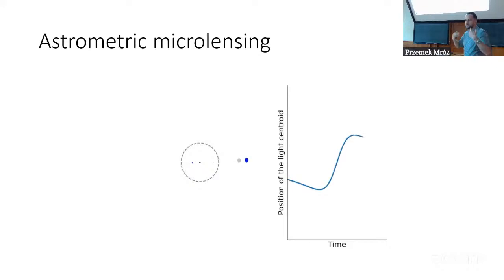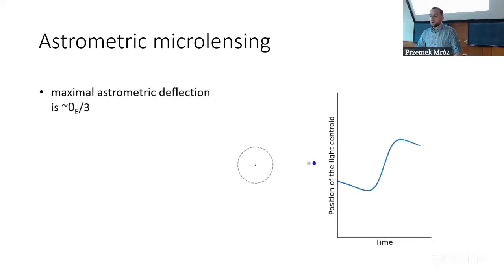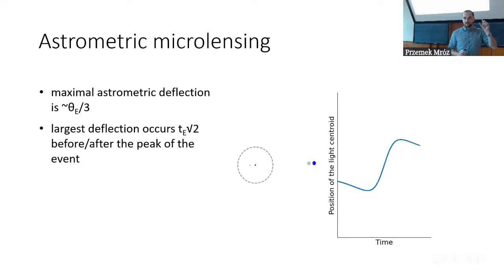So in principle, we can measure the mean position of the event on the sky and try to see this deflection of its position due to gravitational microlensing, so astrometric microlensing effects. These effects are tiny because the maximal astrometric deflection is roughly 1/3 of the Einstein radius, which is already on the order of milliarcseconds.